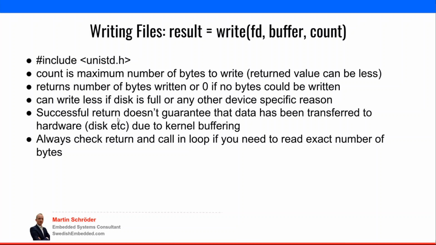So when you're writing something, you're not actually directly writing it to the hardware. And if you use printf, for example, there's actually multiple levels of buffering. There's also buffering in the C library. So now we're talking about the direct system calls, which directly interface with the kernel.